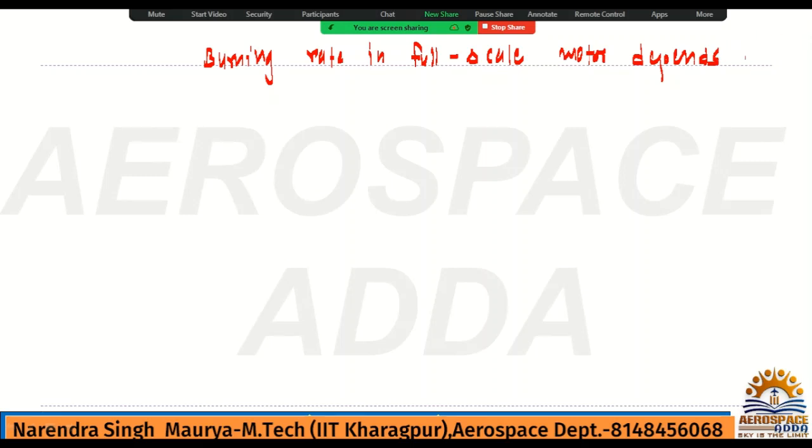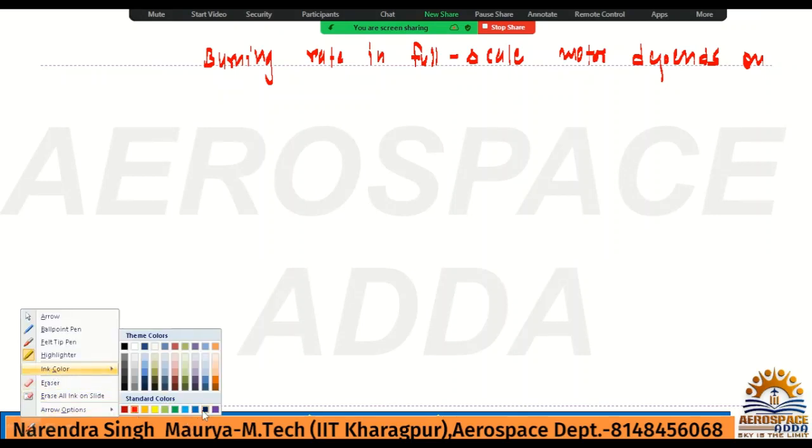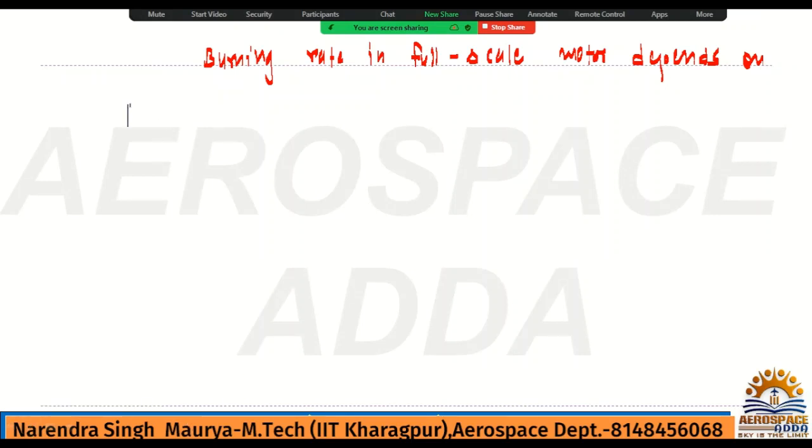Depending on these points, for the theory point of view, this is very important, because they are asking questions. Point 1: depends on propellant composition. Point 2: combustion chamber pressure.